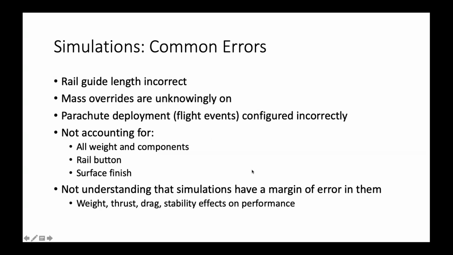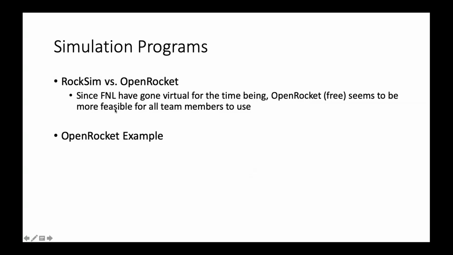And then I think I just had one more slide, another point I wanted to make, was OpenRocket versus RockSim. We generally talk about RockSim in First Nations launch, but of course OpenRocket is always out there, and I believe some of you are already using it. With everyone remote working in different places, it's easier to have multiple copies of OpenRocket, which is free.